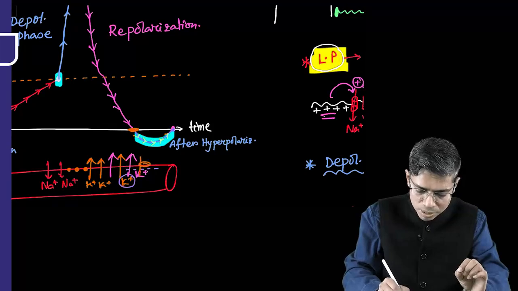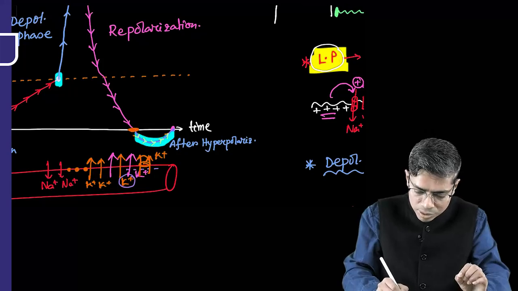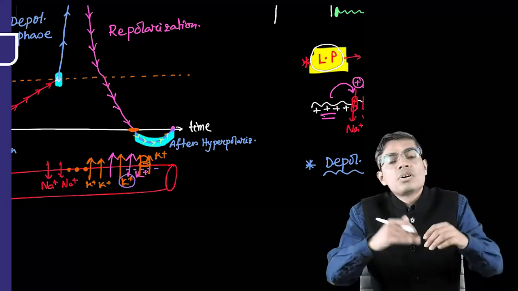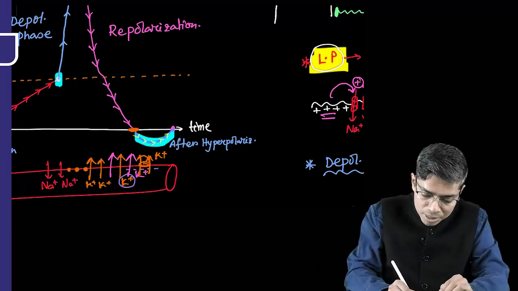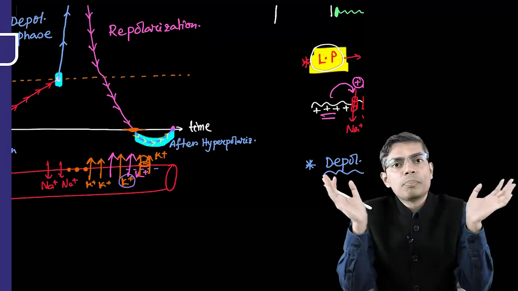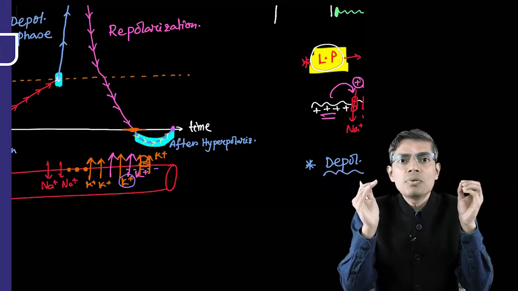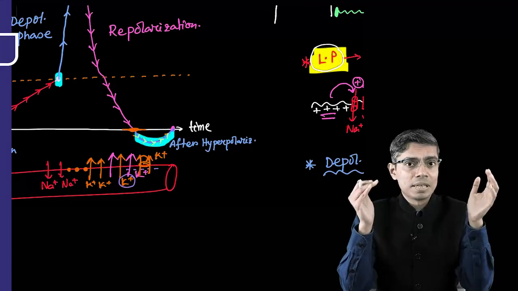So if some of the potassium channels are still open, some extra potassium will go out of the cell, which is not supposed to go out. Getting my point? Although the membrane voltage has reached RMP, the potassium channel is supposed to get closed completely, but because of the slow nature of the channel, some are still open.